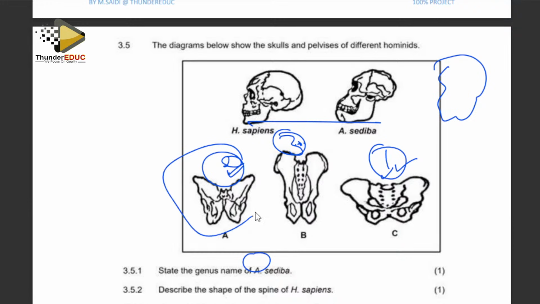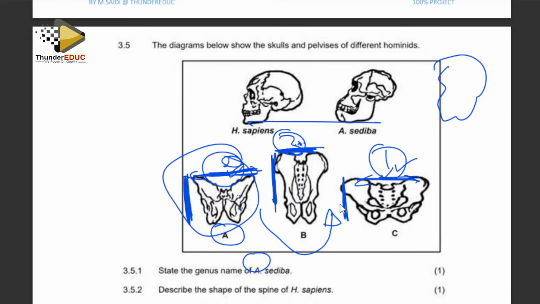If this is a transitional fossil, it is in between these two. If they ask what shows that A is a transitional fossil, I will say that the pelvis is not as wide as in C and not as narrow as in B. You are comparing. It is not as long as in B and not as short as in C. It shows that A is a transitional fossil.